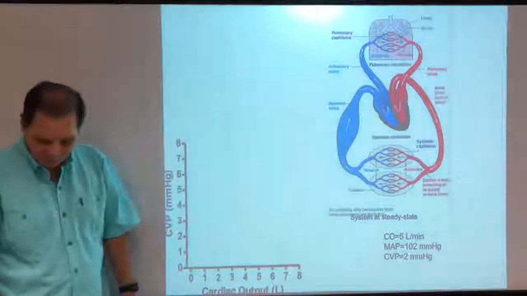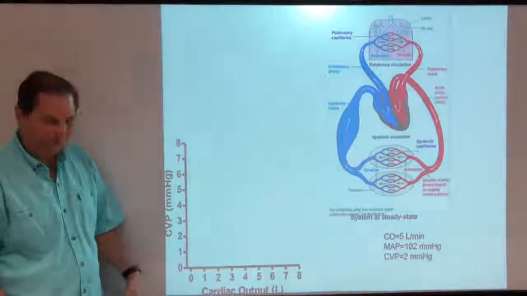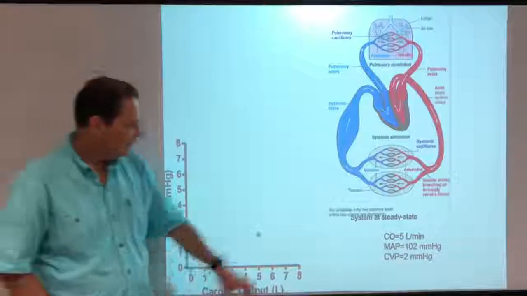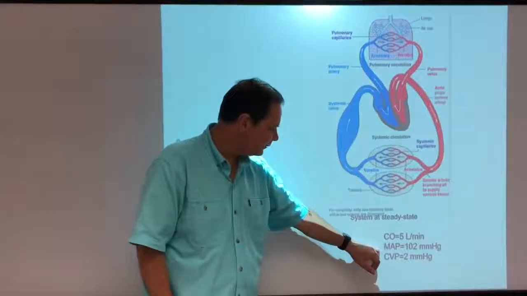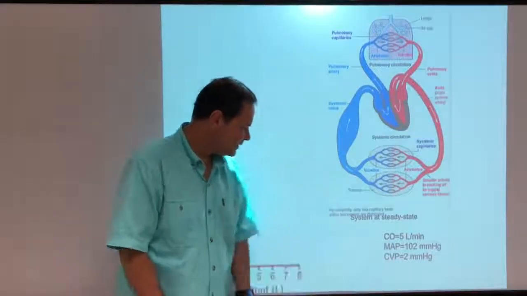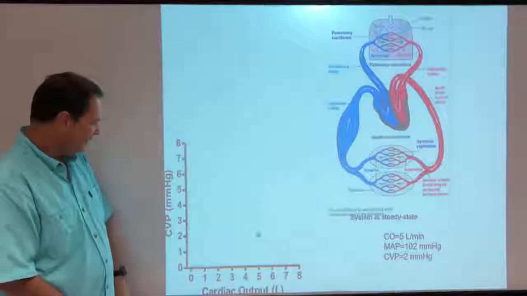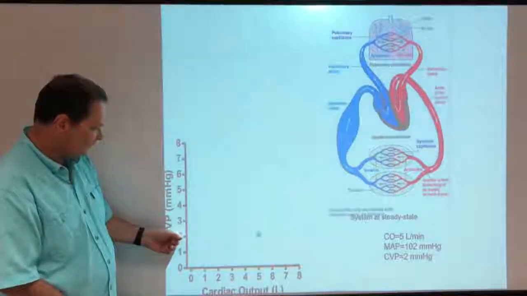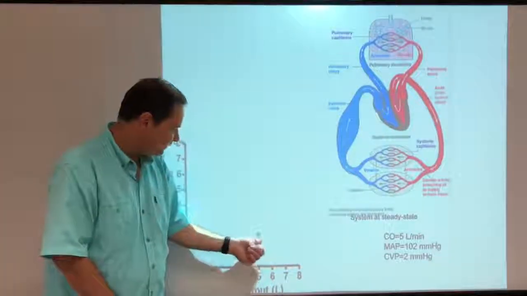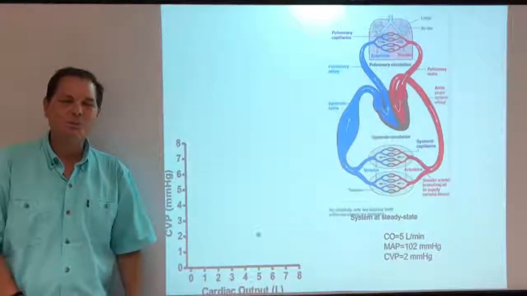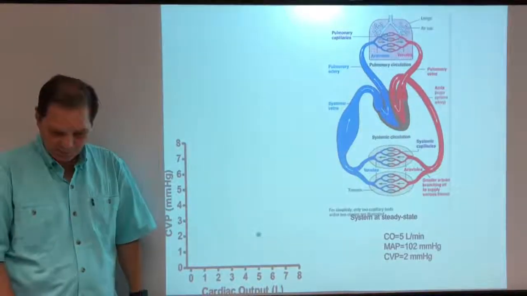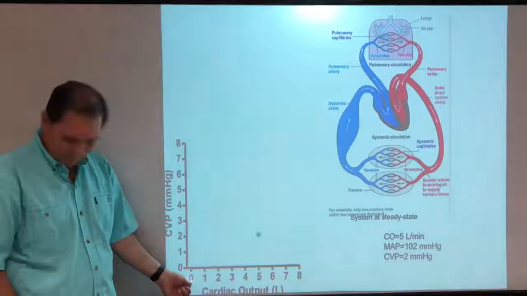Okay. So first, let's take our normal steady state. Cardiac output is 5, mean arterial pressure 102, central venous pressure is 2. So our CVP is 2, cardiac output is 5. We can put a green point here. That's one point on our relationship. Now we can also put a point for 0, right?